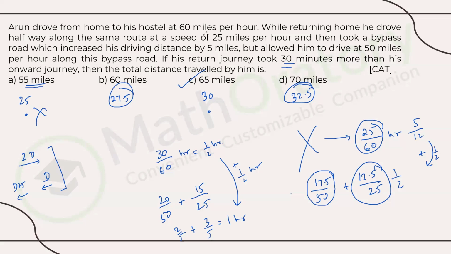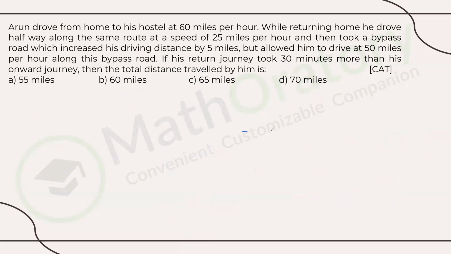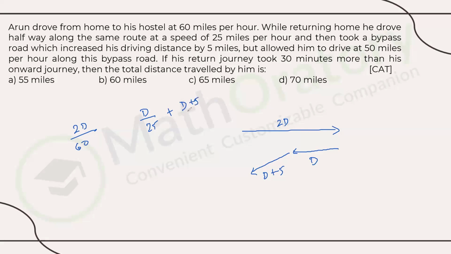Let me show the variable approach also. It's not tough to do using the variable approach. In the forward direction, I'll not consider D; I'll consider 2D, with a speed of 60 miles per hour. Then on the return we have D, and here we have something like D plus 5. So this is the sort of travel. Now 2D with a speed of 60 miles per hour will take a certain time, so this will be the hours. On the return journey, it will be D by 25 plus D plus 5 by 50.